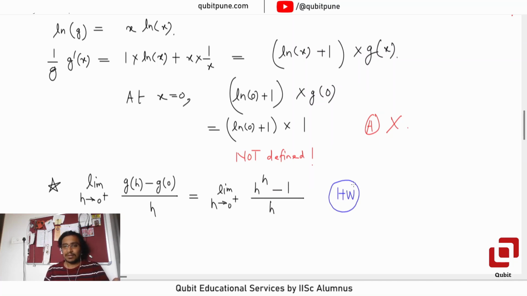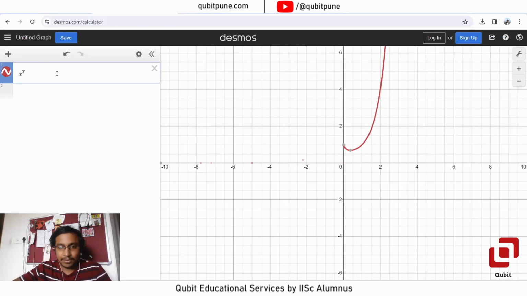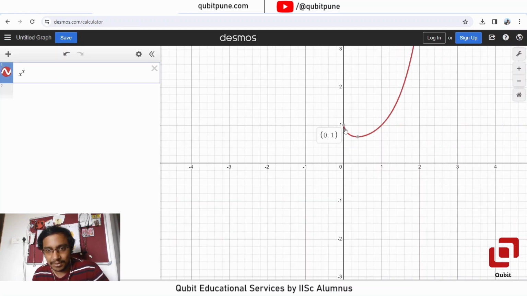Okay, you will still apply the L'Hospital's rule there, because h raised to h limit as h tends to 0 is 1. Look, x raised to x's limit as x tends to 0 is 1. Although it is showing that it is defined, clearly 0 raised to 0 is not defined, but the limit is 1.